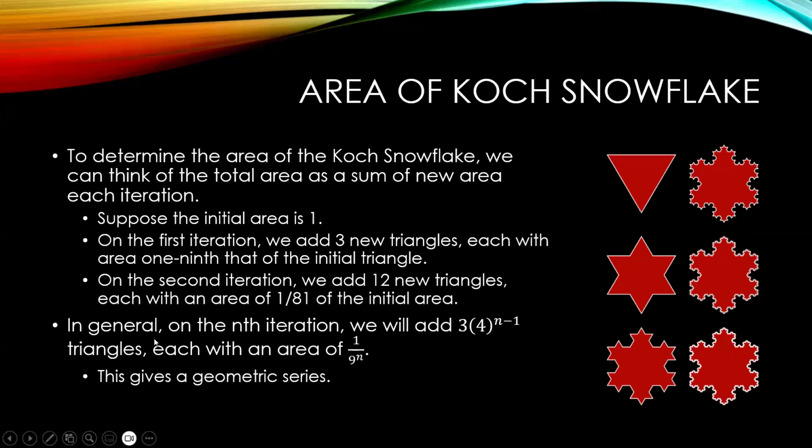Generally, on the nth iteration, we will add 3 times 4 to the n-1 triangles, each with an area of 1/9 to the n. So we're going from 1/9 to 1/81st, and then multiplying that denominator by 9 again, and so on. This gives a geometric series.